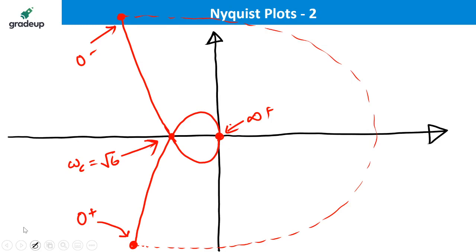I will complete the Nyquist plot by marking the arrows. This will be the mirror image of infinity plus, so this is infinity minus. Now let us mark the arrows. Arrows will start from infinity minus, go first to 0 minus, then 0 minus to 0 plus, then 0 plus to infinity plus.